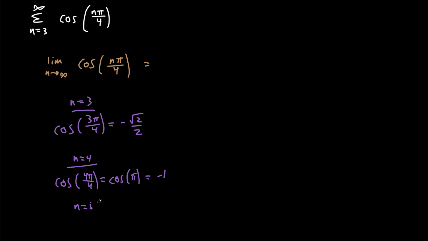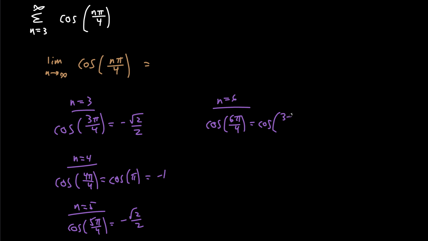If I go n equals 5, I get cosine of 5 pi over 4, which would give me another negative root 2 over 2. And if I repeat this process, maybe do one more, n equals 6, I would get cosine of 6 pi over 4, which would be cosine of 3 pi over 2, which would be 0. And I could keep going.